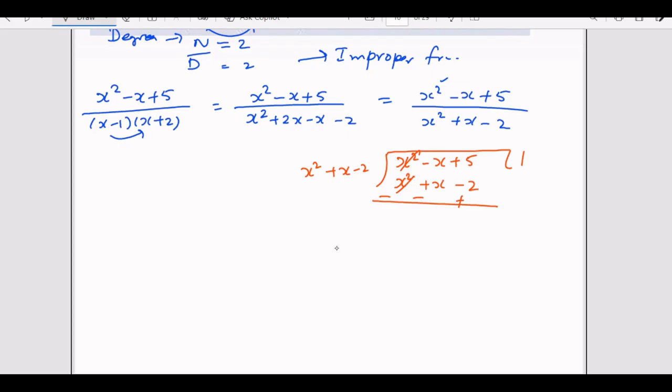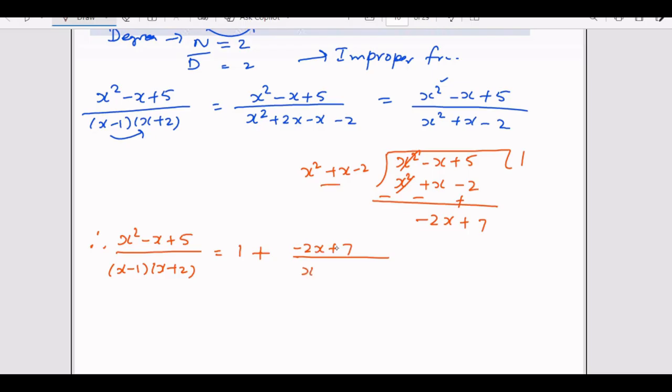We have a negative sign, so this is negative 2x plus 7. Therefore we can write x squared minus x plus 5 over x minus 1 and x plus 2 as 1 plus negative 2x plus 7 over the divisor, x squared plus x minus 2.